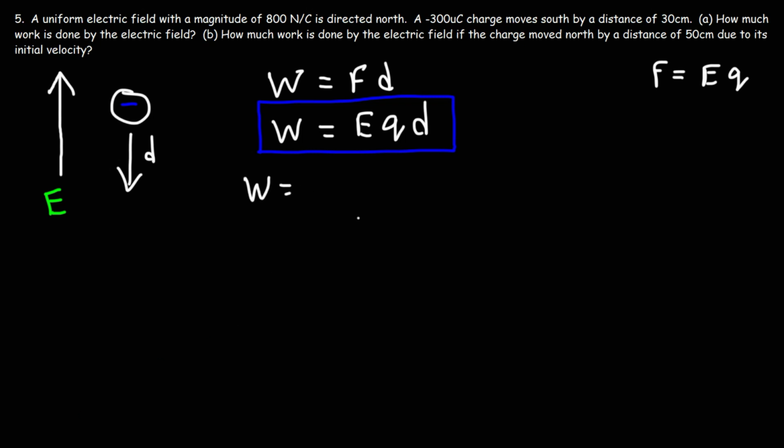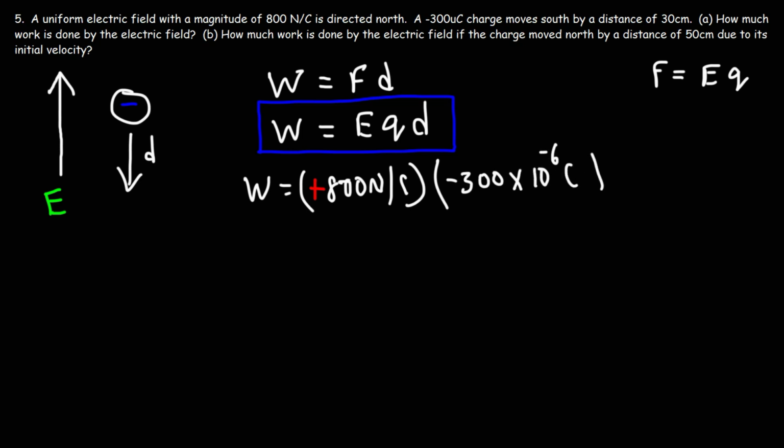So in this example, the electric field has a magnitude of 800 newtons per coulomb. Now, is this value positive or negative? Well, the electric field is going in a positive y direction, so we're going to say this is positive 800. And then we have a negative charge, so this is going to be negative 300 times 10 to the negative 6 coulombs.